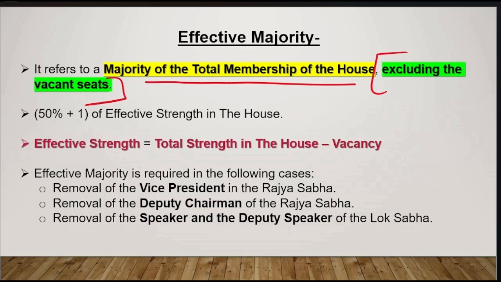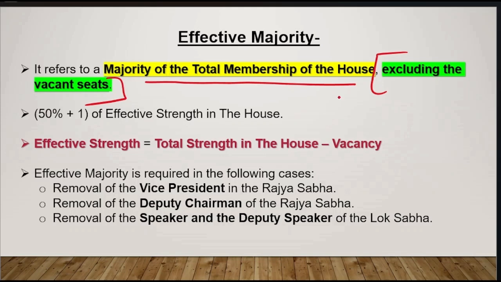So, in case of absolute majority, it is the majority of the total membership of the house, that means 273. But in case of effective majority, it is the majority of the total membership of the house, excluding the vacancies.